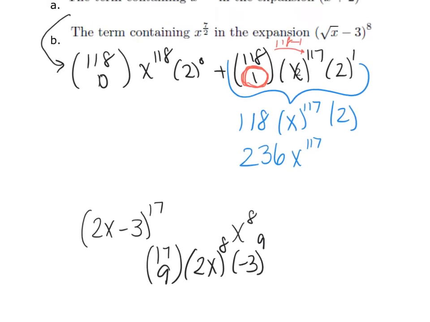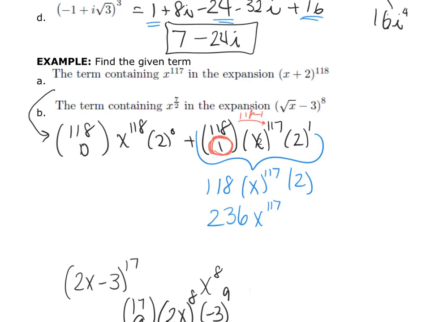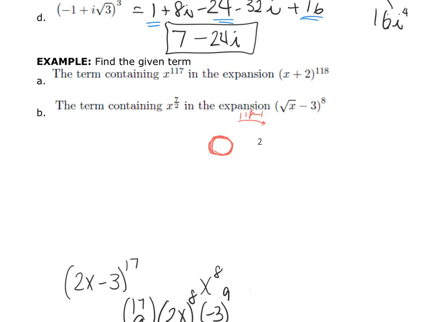All right. Now, let's go back to this one. First thing you want to do when you work on this one is you want to rewrite this as x raised to the 1/2.